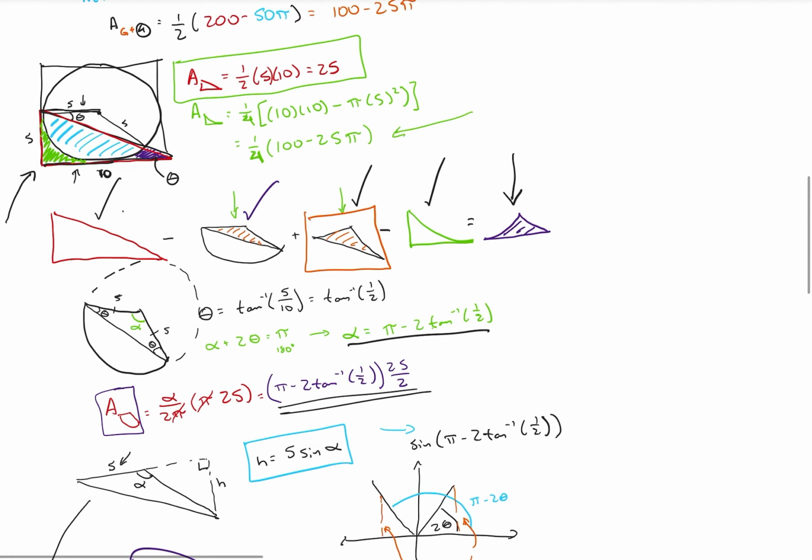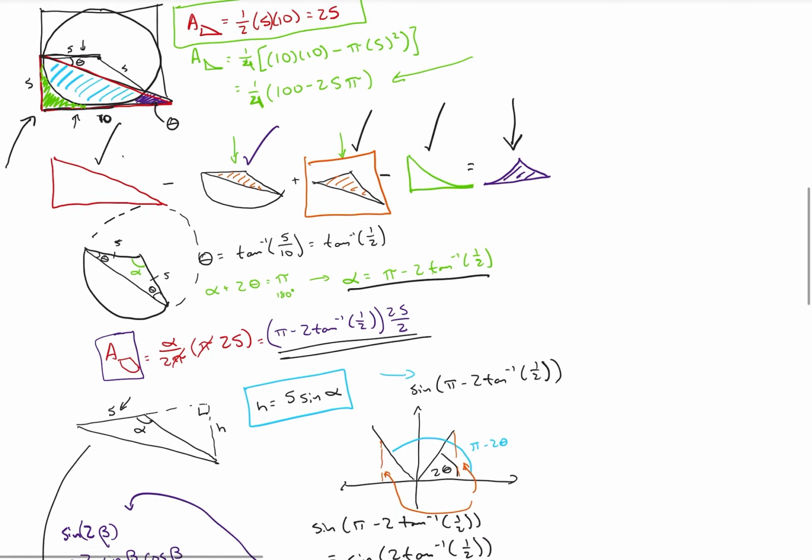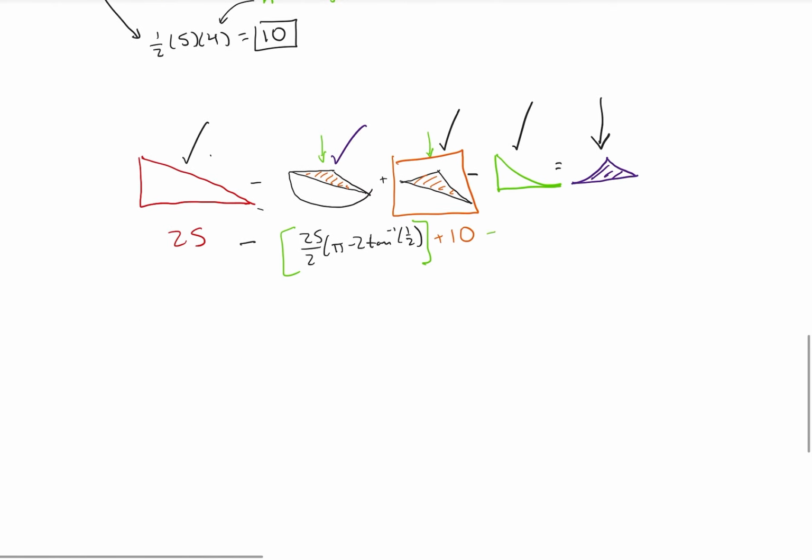So we found that right there. So it's 25 minus 25 over 4 pi. And that should give us the area of our purple region. So let's go ahead and simplify this just a little bit. So 25 plus 10 is going to give us 35.